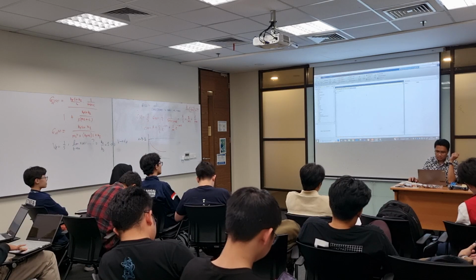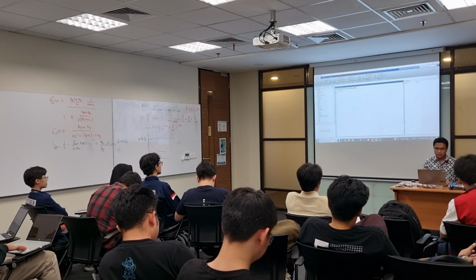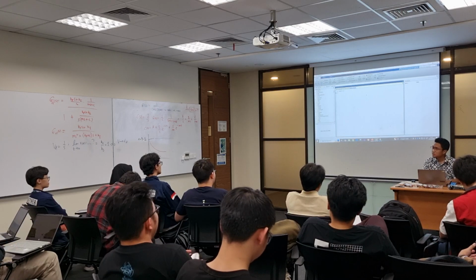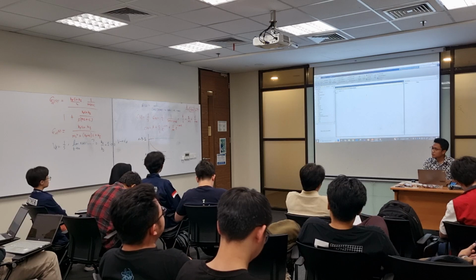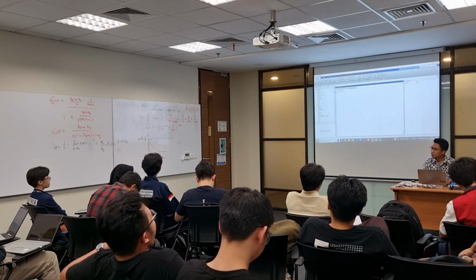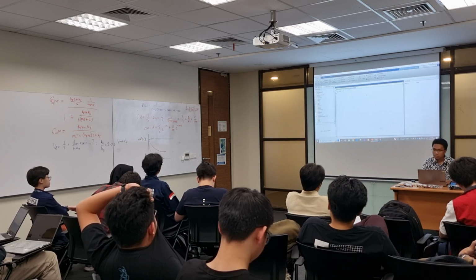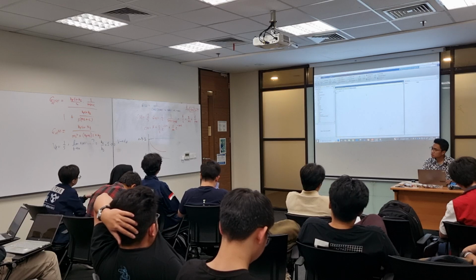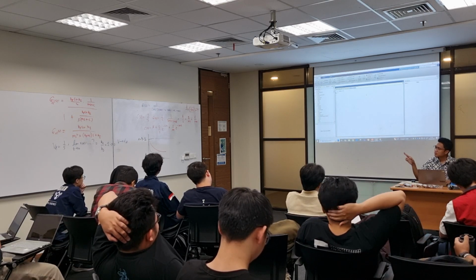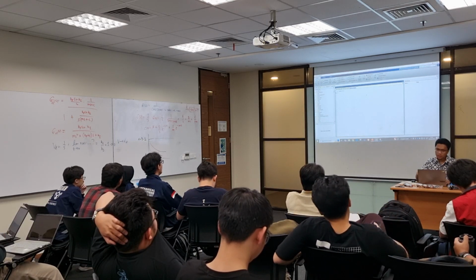Okay, now you can see this. Our system is S+2, S+100. That's the value. S square plus 102S plus 200.